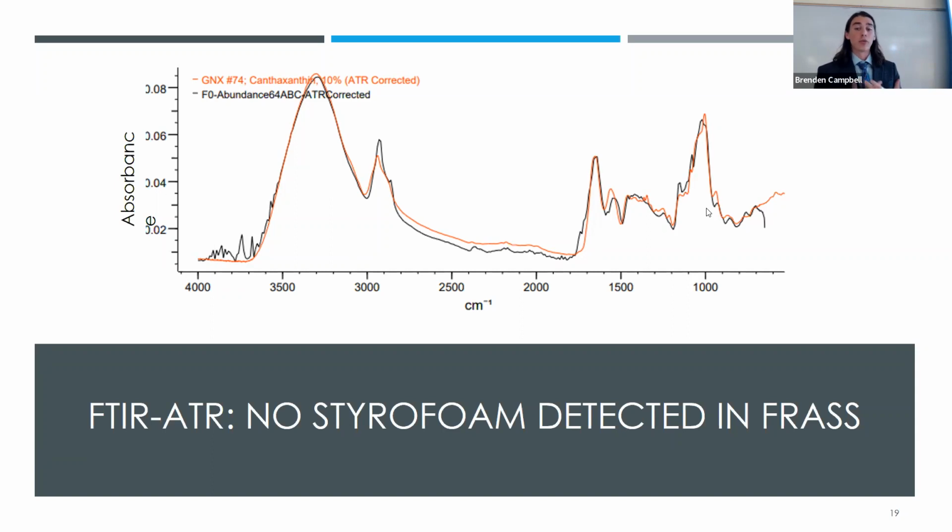So through that, there is a potential where if you fast the mealworms before turning them into feed consumption to make sure all of that frass is out, that there is potential that they could be clean in terms of any styrofoam, nano, or micro particles.